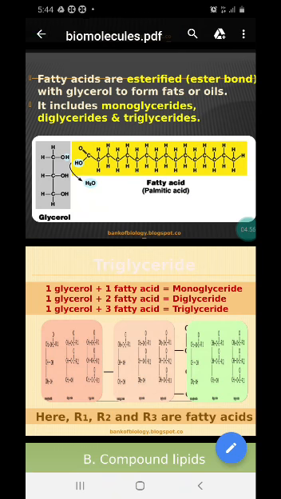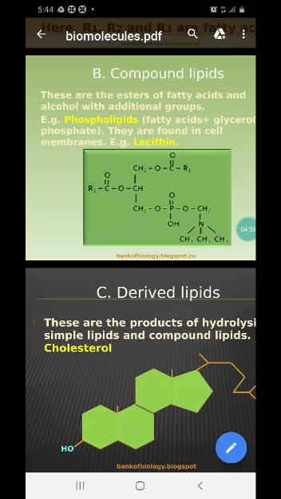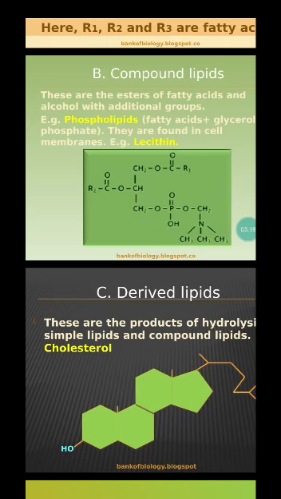Now what are compound lipids? They are also esters of fatty acids, plus they have additional groups. It is the same as the other group, esters of fatty acids and alcohol with an additional group.